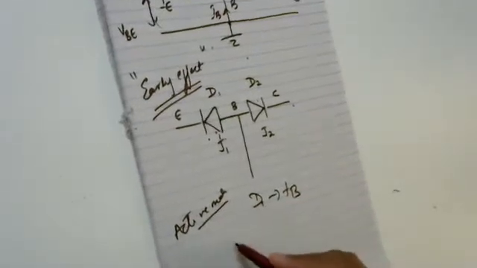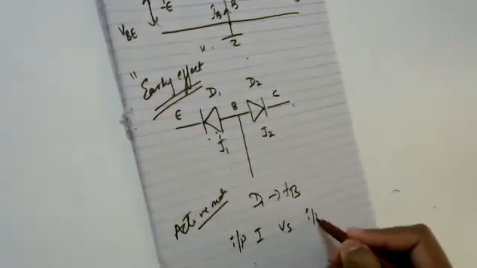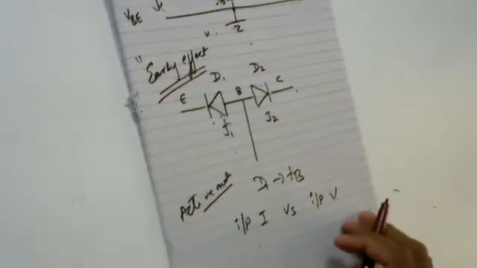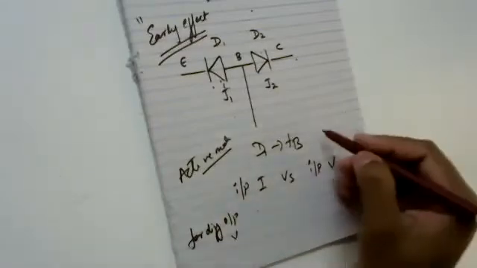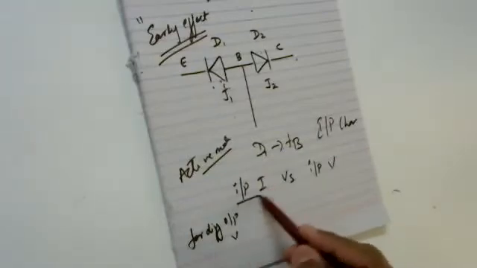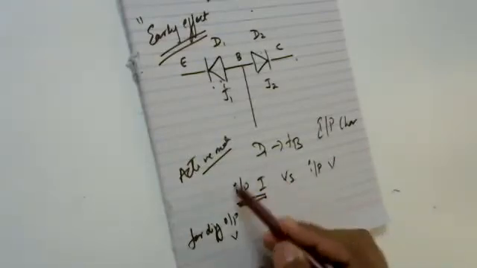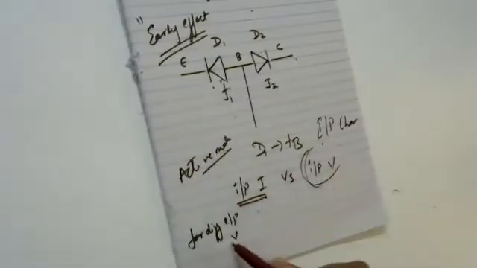Input characteristics means the plot of input current versus input voltage, for different values of output voltage. So I'm going to plot a graph of input current versus input voltage for different values of this output voltage.